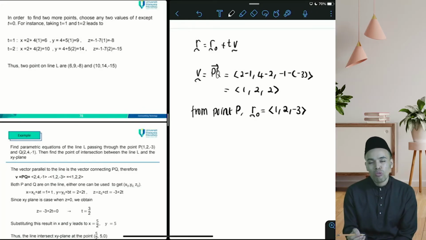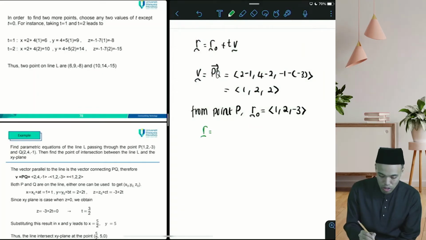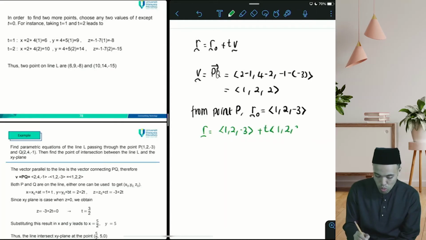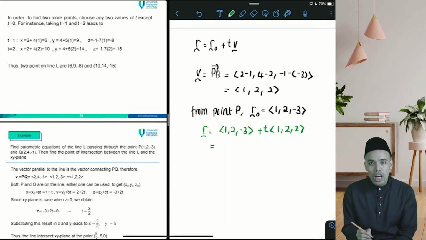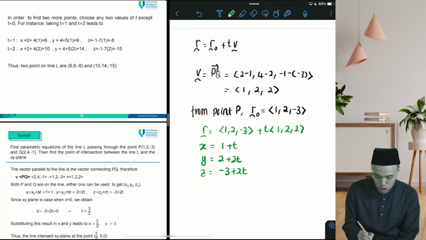Then you put it into the vector equation of a line, and you will get vector r equal to (1, 2, -3) plus t times vector v (1, 2, 2). And then I will get x equal to 1 plus t, y equal to 2 plus 2t, and z equal to -3 plus 2t.